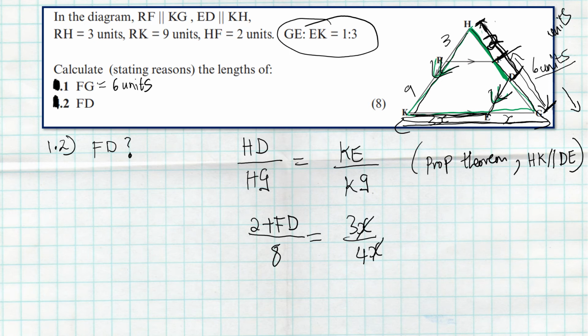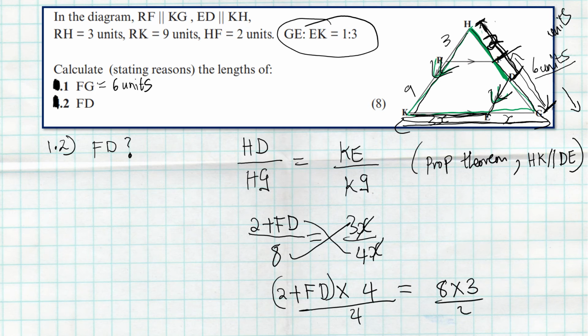So x and x will cancel out each other. We can cross multiply. Then we'll have 2 plus FD multiplied by 4 is equal to 8 times 3, right? We can now solve for FD by dividing both sides by 4. Then this 4 and this 4 cancel out each other.